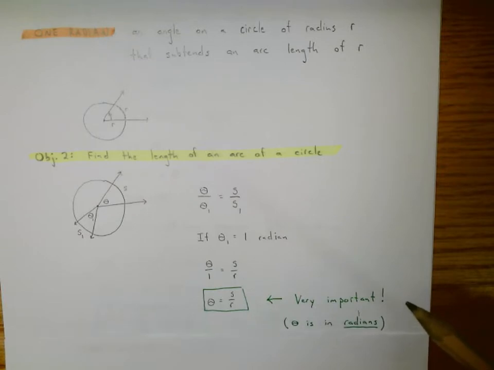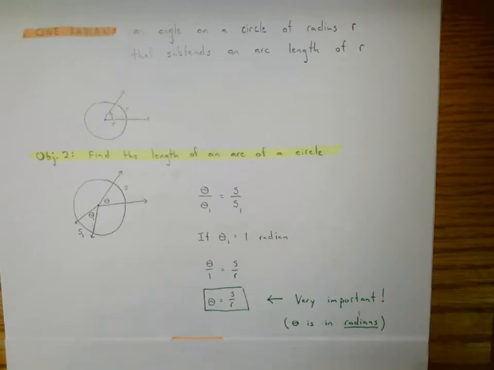This is an incredibly important equation. Remember that in order for me to do this, I had to be working with radian measure. This does not work with degrees. Go ahead and pause the video here, record the definition of 1 radian and the formula or the equation for finding that radian measure, arc length divided by radius.